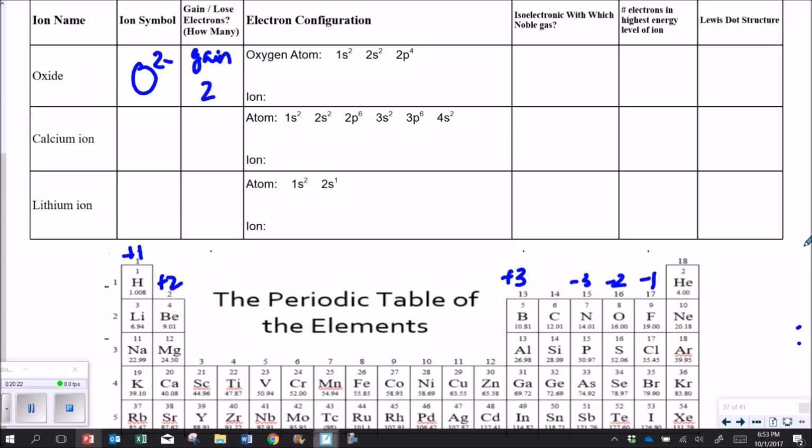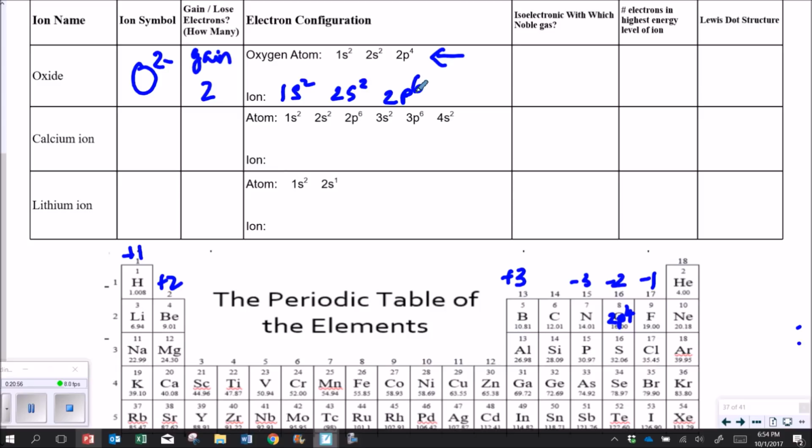Looking at the electron configuration for the oxygen atom, it ends at 2p4. So if it gains 2 electrons, we will end up with 1s2, 2s2, and the 2p will be able to go up to 6 electrons to gain those 2 electrons.